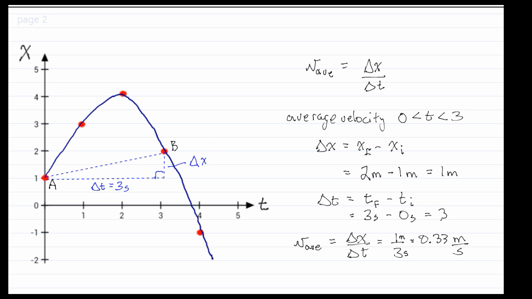And if you look at what the average velocity is, it's just delta x over delta t. That's actually the slope of the hypotenuse of this triangle. So we can label that as well: the slope of this line there is our average velocity. And remember, this is average velocity, not average speed.